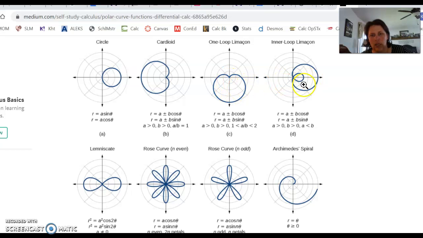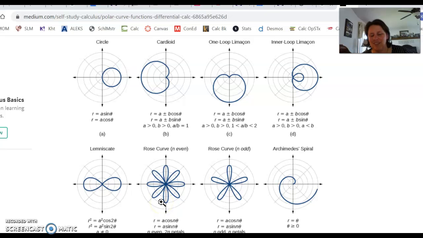So those are limacons. Think of them as a lima bean. A lemniscate can be this, well, figure 8 shape, I guess. And then this is what we consider a rose.